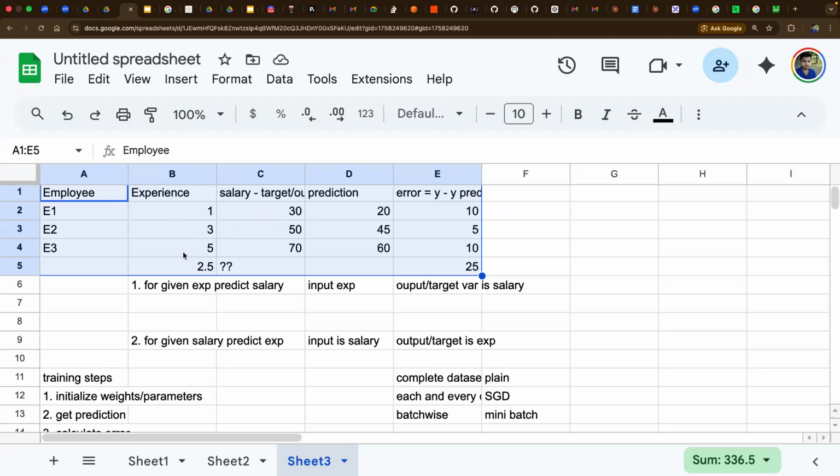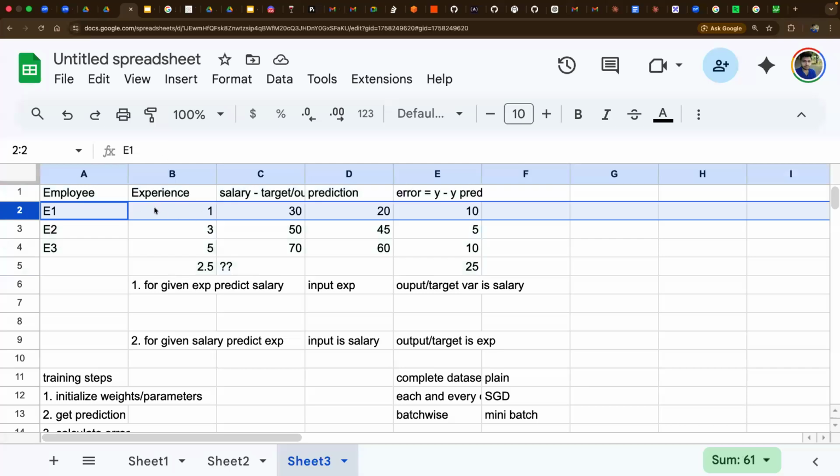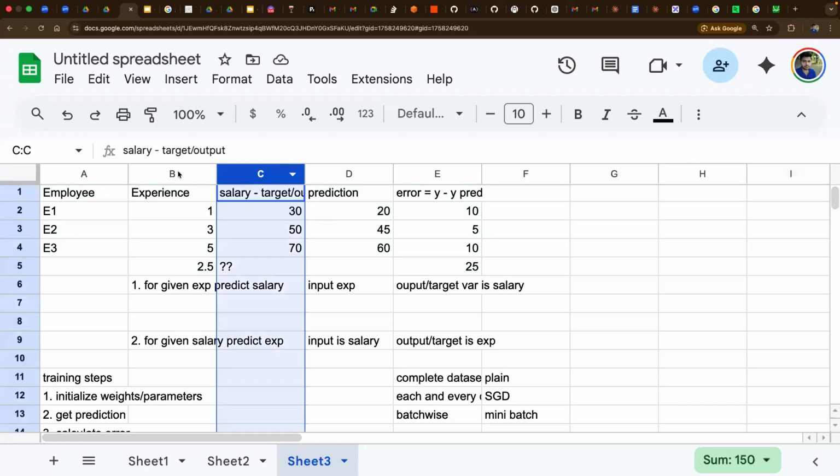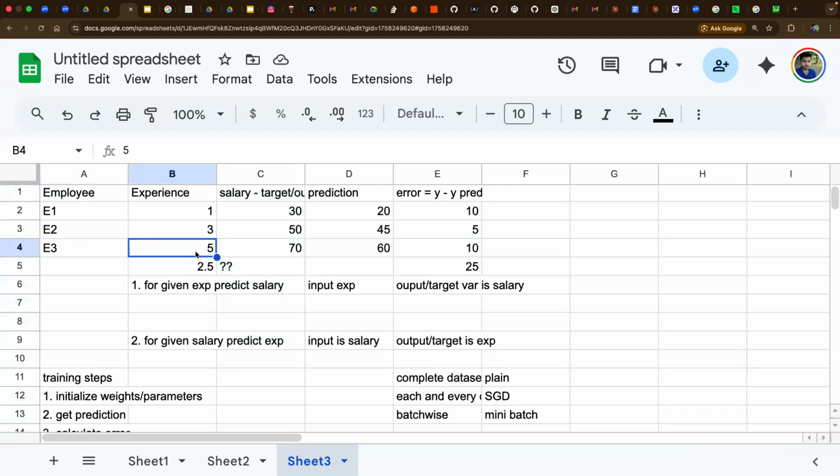So here, if you see, this is employee 1 with experience 1 year and salary 30. Don't focus on this one, only till this point. B and C you can focus on. And employee 2 with experience 3 and salary 50. Employee 3 with experience 5 and salary 70.